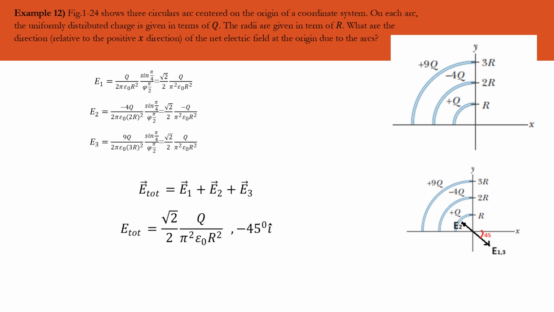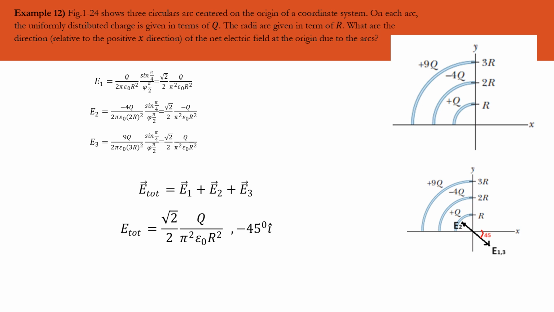Okay, so E1, everybody: the total charge here is positive Q, meaning the electric field created by the first arc. Total charge is Q, the radius is R, phi is half pi. I have to delete this phi, half pi is enough.